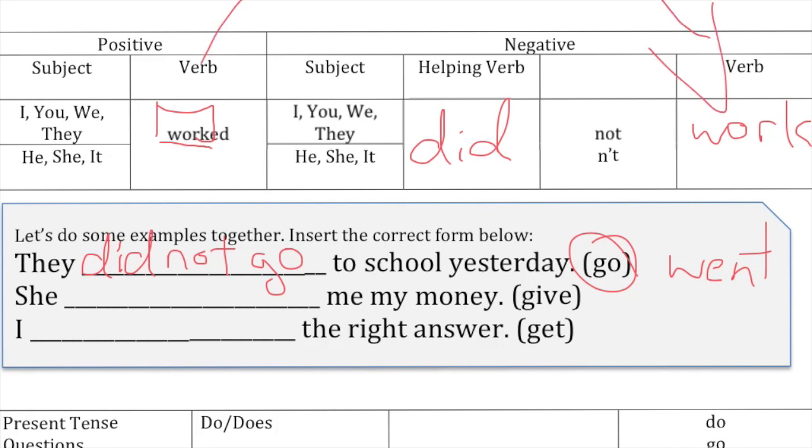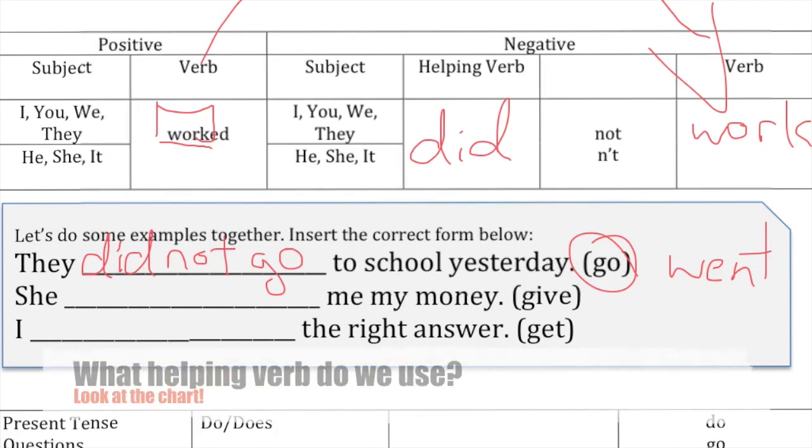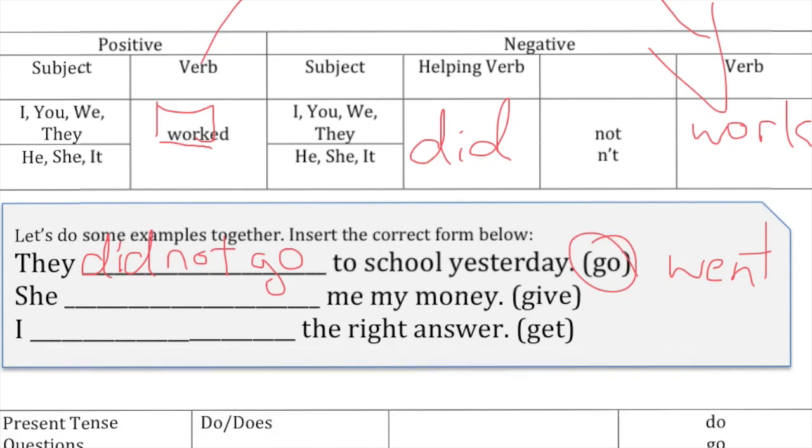Let's continue. She blank me my money. So what do we need to use? The helping verb. What is that? Ding, ding, ding. Did. So I'm going to write she didn't, because that means did not. And what's the verb?